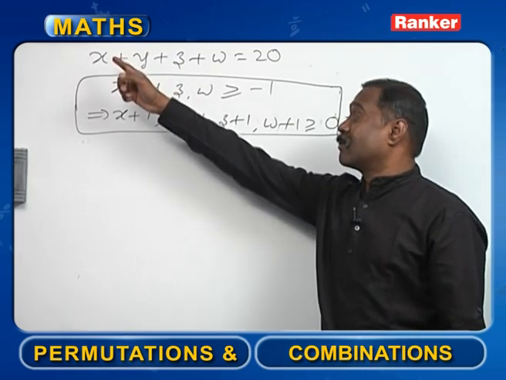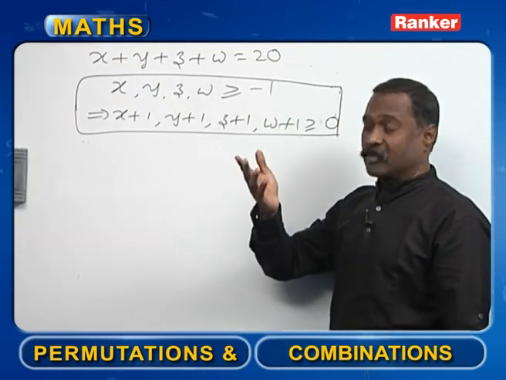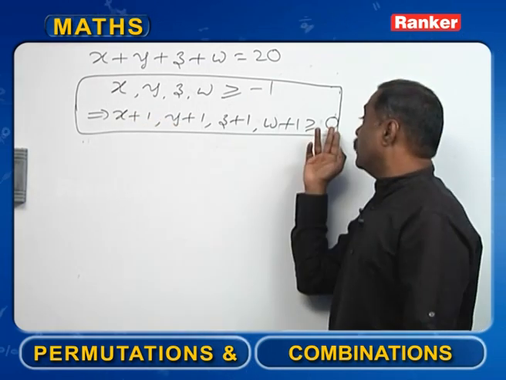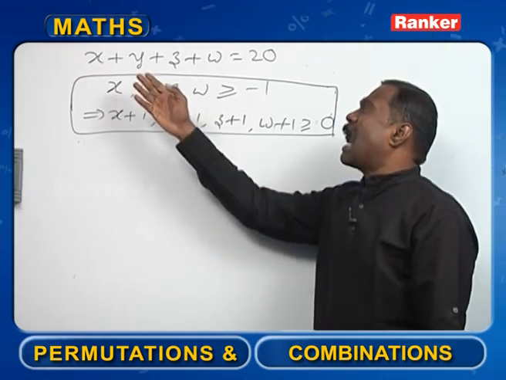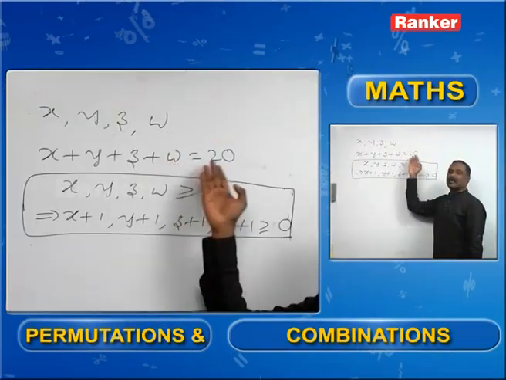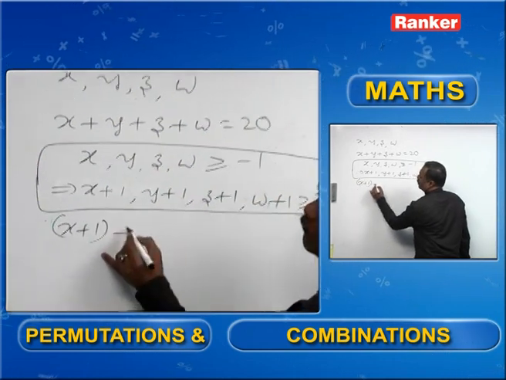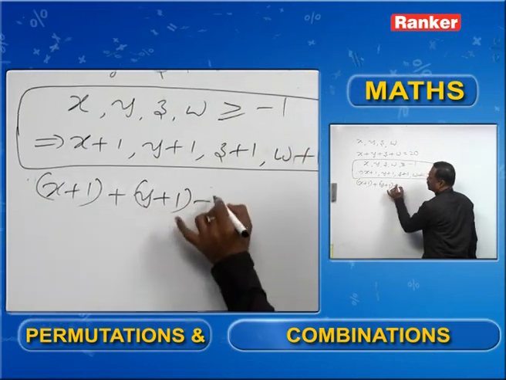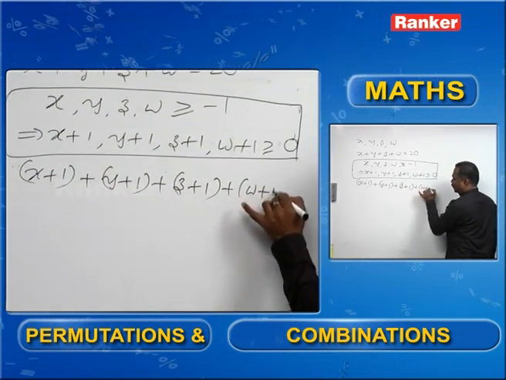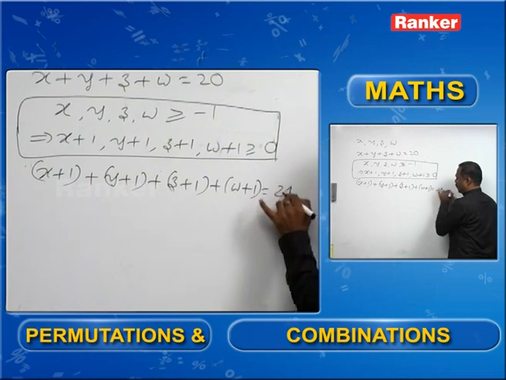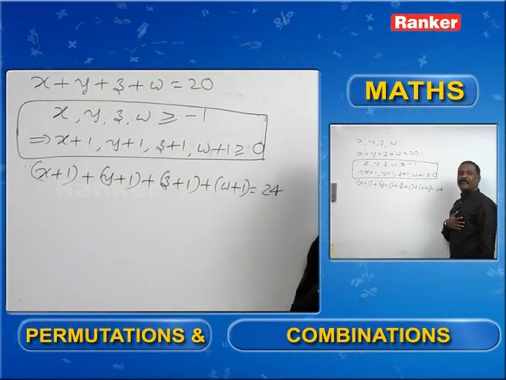If it is x, we cannot apply it because x is greater than or equal to minus 1. If it is x plus 1, we can comfortably apply it because it starts from 0. So I'll add 1 to each of the terms. Then that becomes x plus 1 plus y plus 1 plus z plus 1 plus w plus 1. 4 is added on the left hand side, that is why on the right hand side also 4 is added, and it is equal to 24.